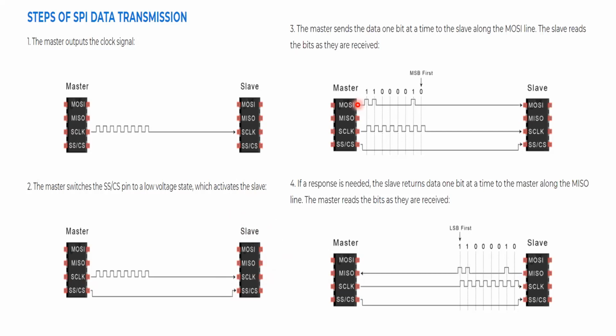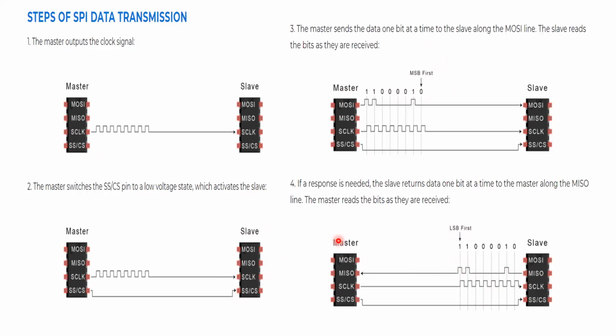The next one is MOSI, master out, slave in. The master is sending MSB first, LSB last. Similarly, master in, slave out: while sending from master out it is MSB first, but while sending from slave it is LSB first. So this is the data transmission.